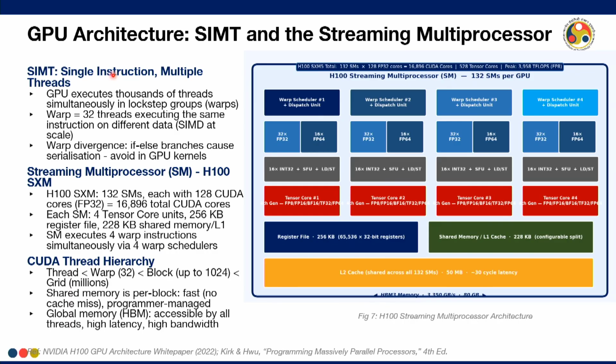It's similar to SIMD where a single instruction is operated on multiple data, but here through different threads. GPUs execute thousands of threads simultaneously in lockstep groups. These groups are called warps.